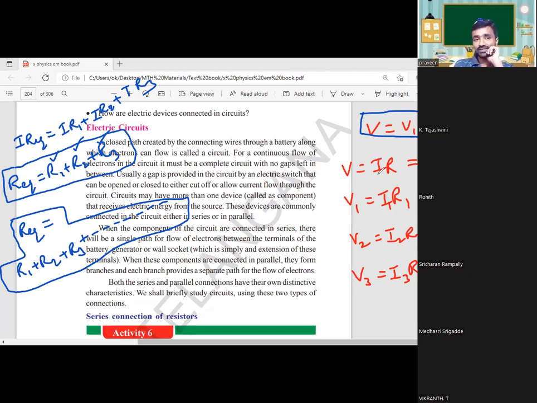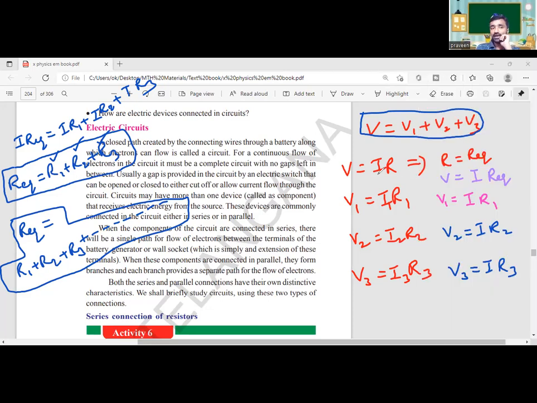So this helped me to write a relation between the individual resistances and the resistance of the entire circuit, called equivalent resistance or effective resistance. So I got the formula here.